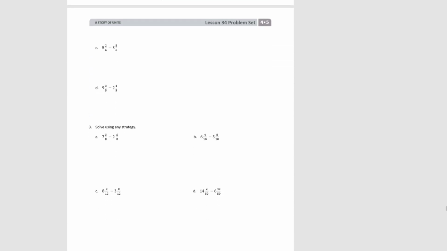Try C. We subtract the 1s and get 2 2/6 minus 5/6. We're going to take out 1. The other one is 6/6 plus the 2/6 we have is 8/6. Subtract 5/6. We end up with 1 3/6, which we can simplify to 1 1/2.